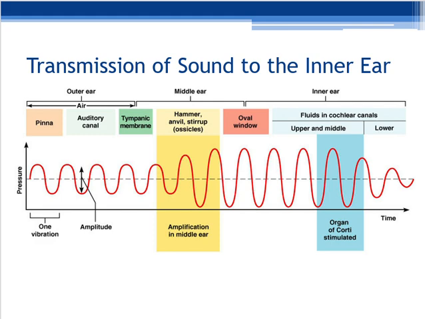When they hit the eardrum, they're going to cause vibration of the auditory ossicles, and that's going to amplify the sound waves, because that's in preparation of the sound wave moving not through air like it does in the outer and middle ear, but through fluid in the cochlear canals. So the hammer, anvil, and stirrup vibrate enough to amplify the sound waves, and as they hit the oval window, it's those amplified sound waves that enter the cochlear canals.